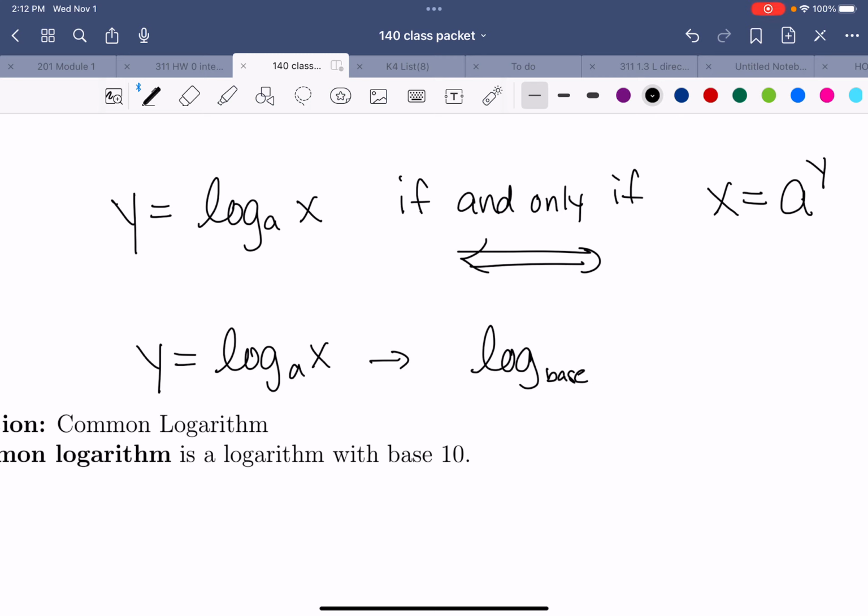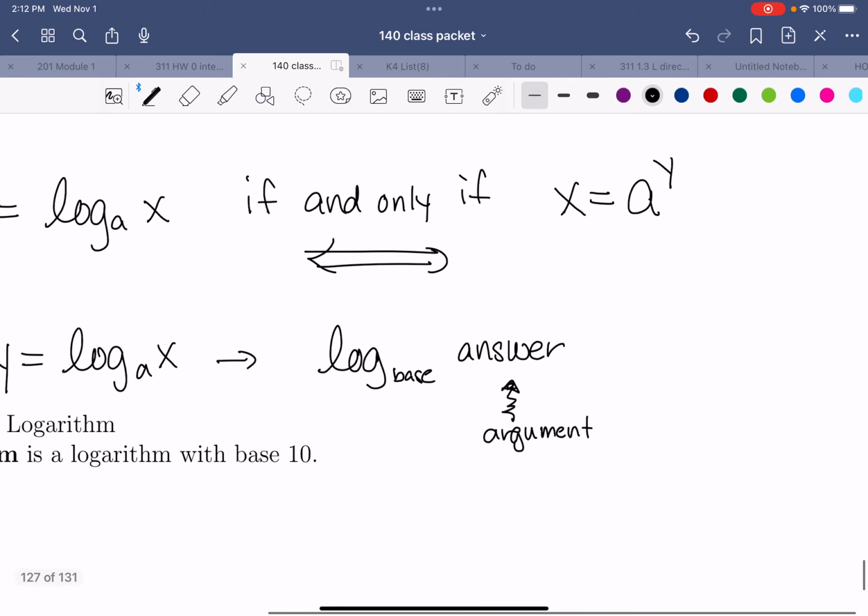And what comes after is the answer. The log of whatever, we call this the argument. Whatever you're taking the logarithm of is the argument. So the log base a of the argument is equal to the exponent. So a logarithm is really kind of an exponent, okay?